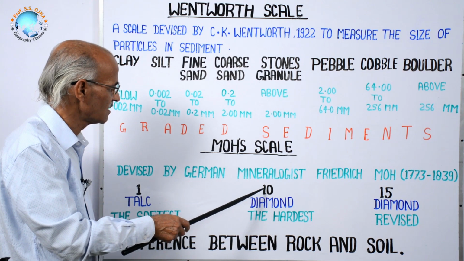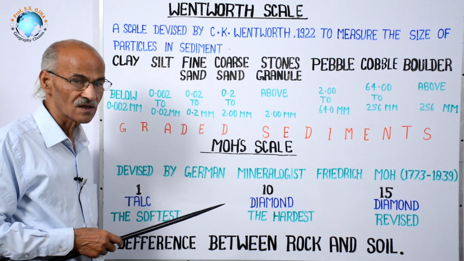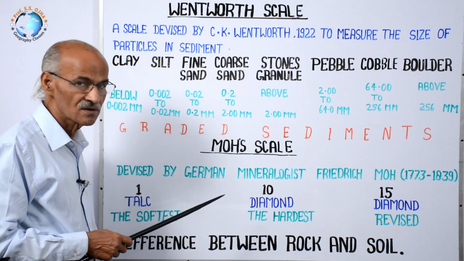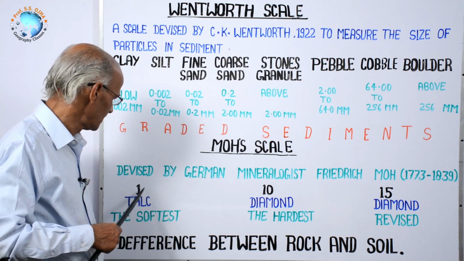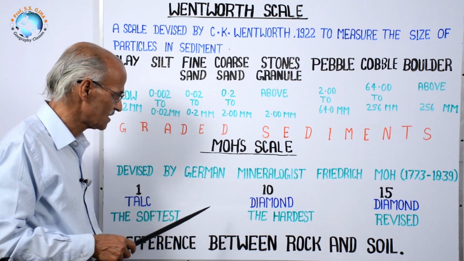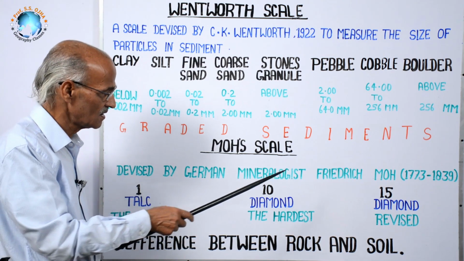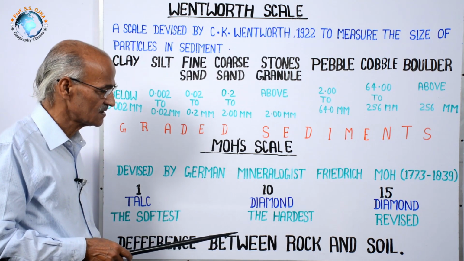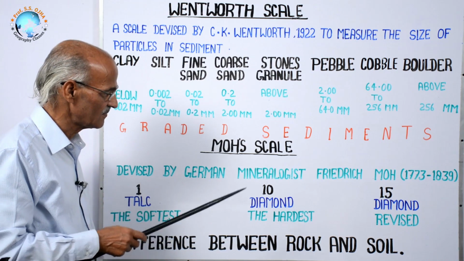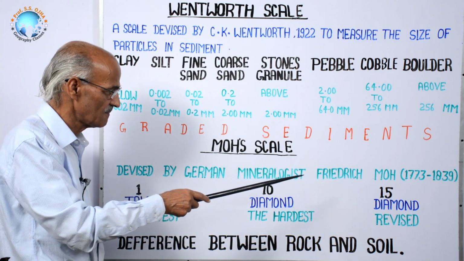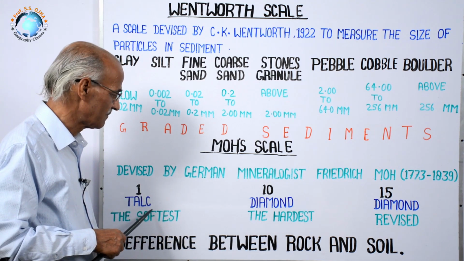The scale was 10. After that, it was revised because several new minerals were discovered which got place in this scale. With the result, the scale was enlarged to 15, but the diamond maintained its hardest rank. Hence, the diamond remained as the hardest mineral, but on scale 15. The softest was talc, the same.